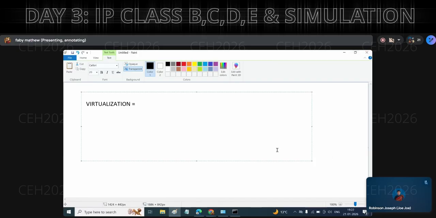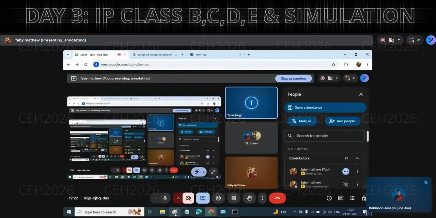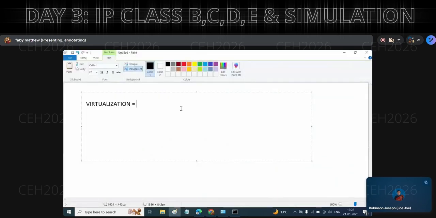Through virtualization, we can create a simulation of a machine that works like an original machine, but it doesn't have any physical presence. So we download a hypervisor on physical hardware so that we can simulate the resources on our operating system.